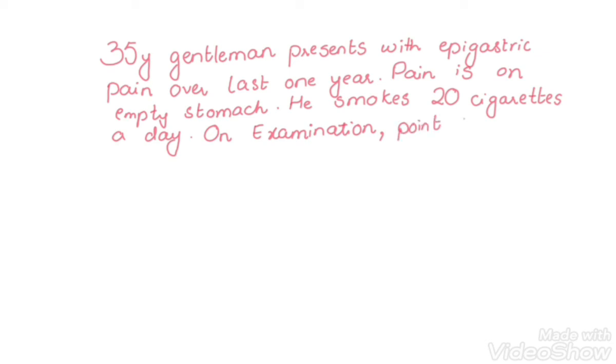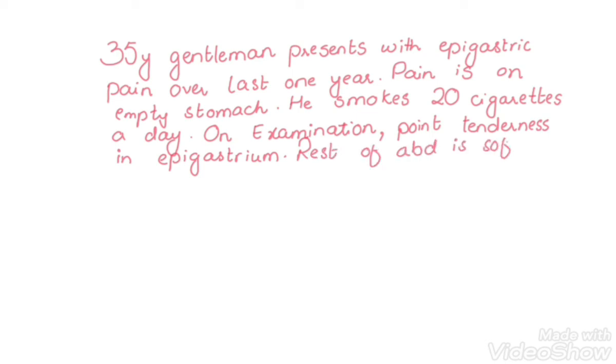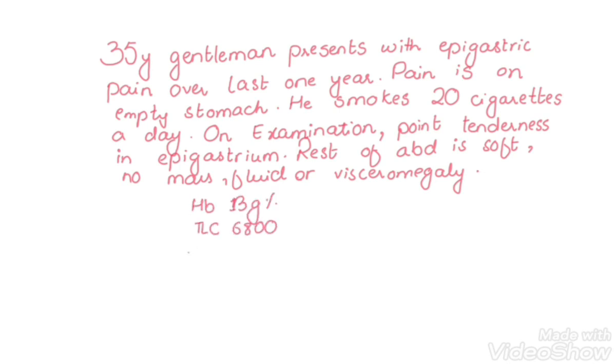On examination, he has point tenderness in the epigastrium. Rest of the abdomen is soft. This shows that the ulcer has not perforated, and there is no generalized tenderness, and the abdomen is soft, it is not rigid. Rest of the investigations are normal.